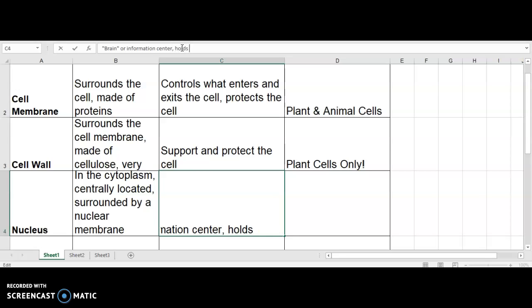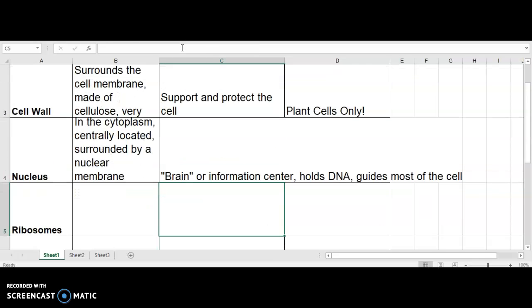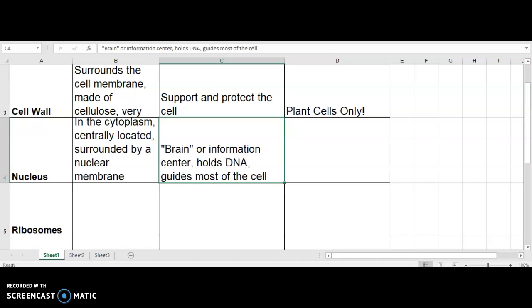It holds the DNA and guides most of the cell. Let's wrap that text. A nucleus is contained in plants and animals.